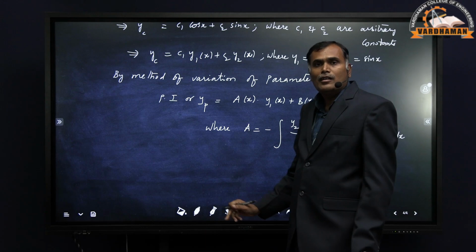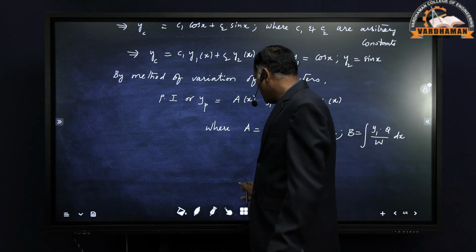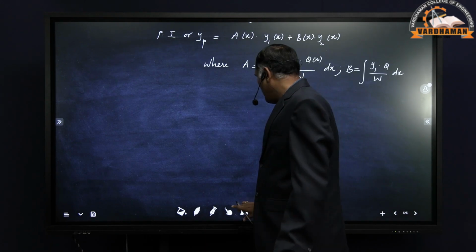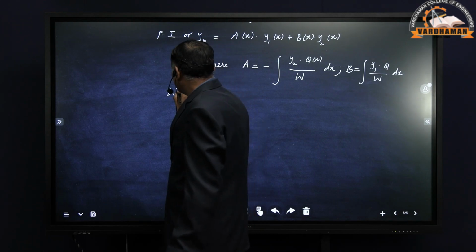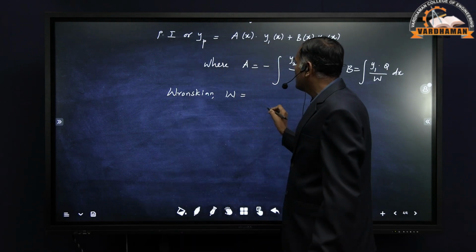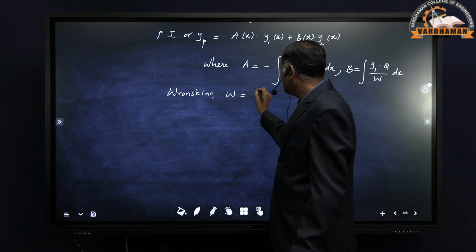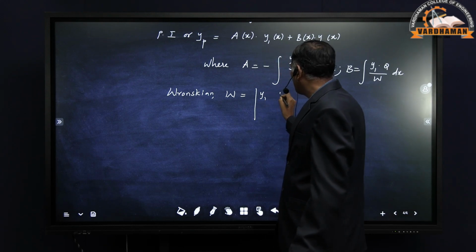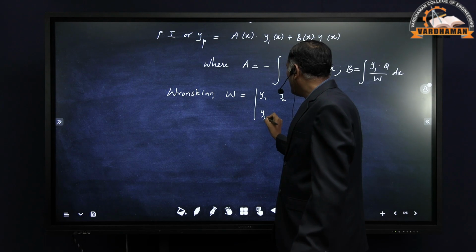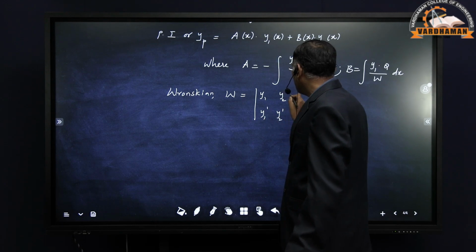Now let us find what the Wronskian is. The Wronskian is given by w, or you can write w of y1 comma y2, the determinant of y1 y2, y1 prime y2 prime.